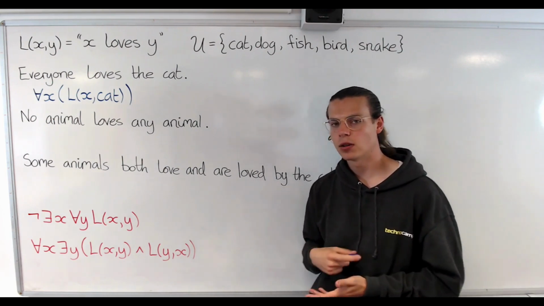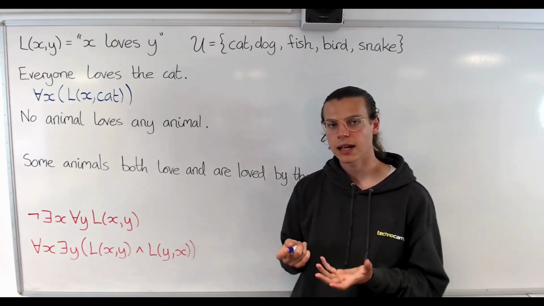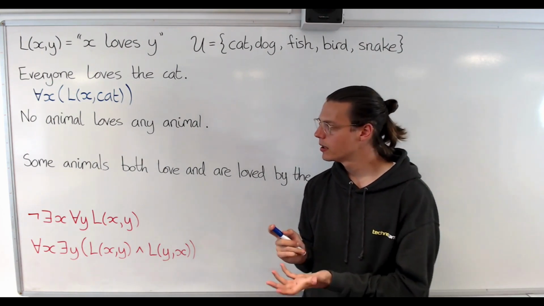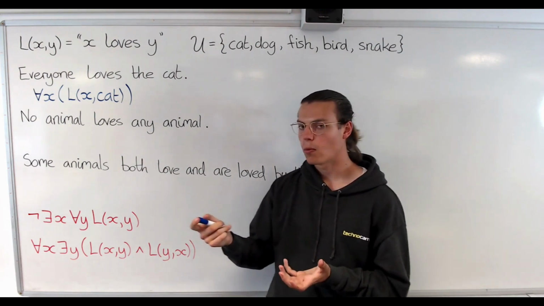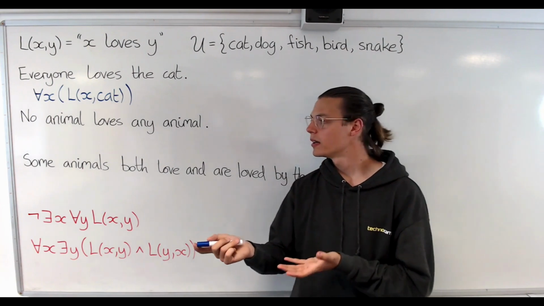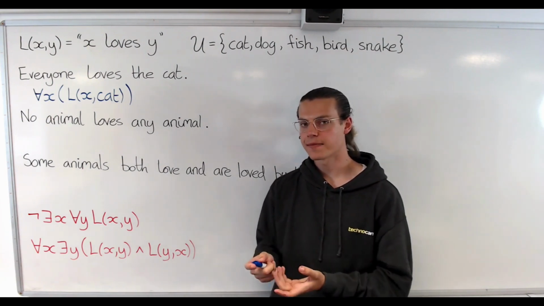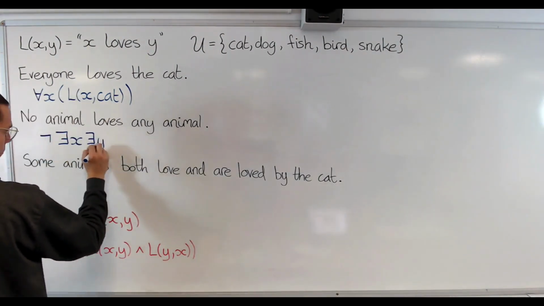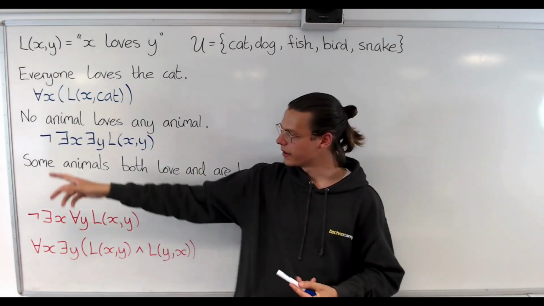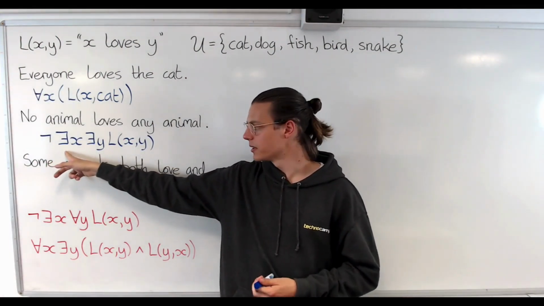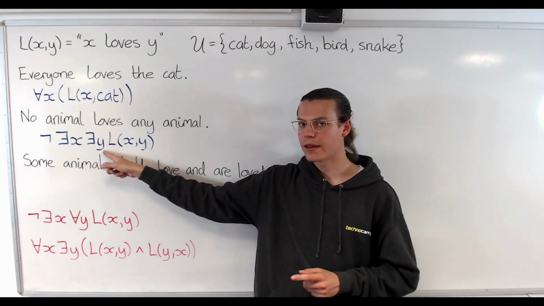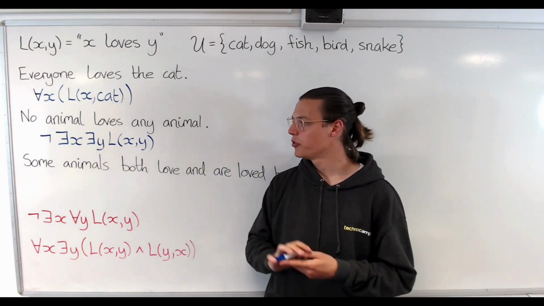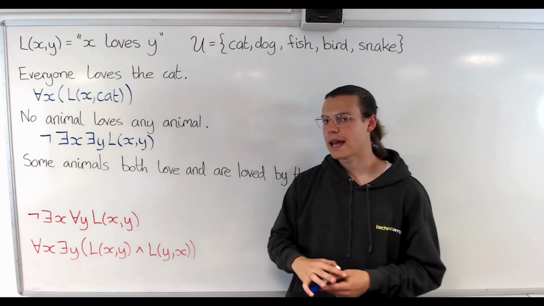So there does not exist an animal X such that there exists an animal Y such that X loves Y. Again, there is no animal X such that there is some animal Y that X loves. No animal loves any animal.